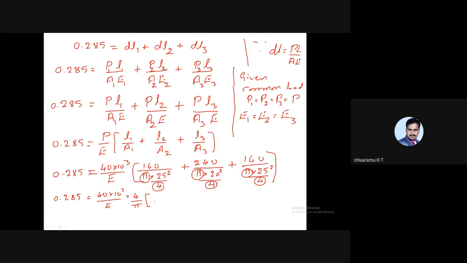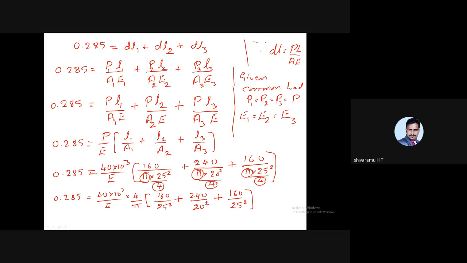So 4 by pi times 160 divided by 25 square plus 240 divided by 20 square plus 160 divided by 25 square.